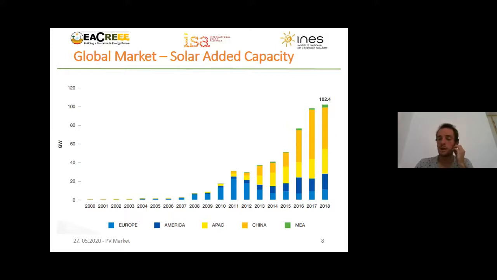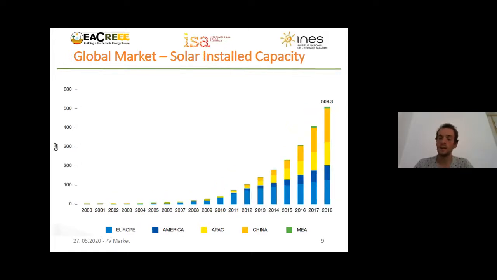If we do the sum each year of each capacity, we get the global installed capacity. A nice data to remember: each year we install worldwide about 100 gigawatts of solar capacity. In 2018, we had a little bit more than 500 gigawatts of installed capacity.